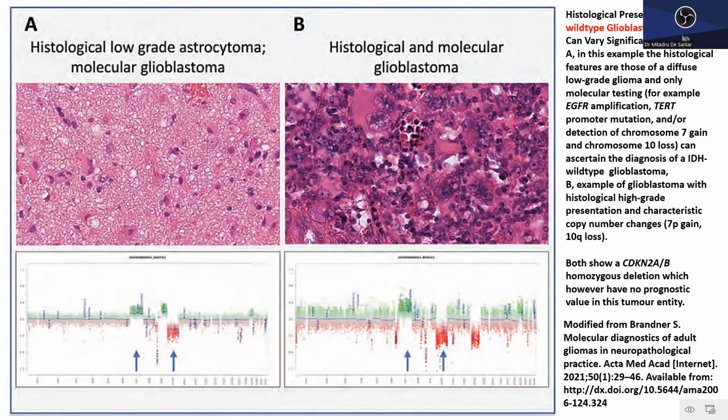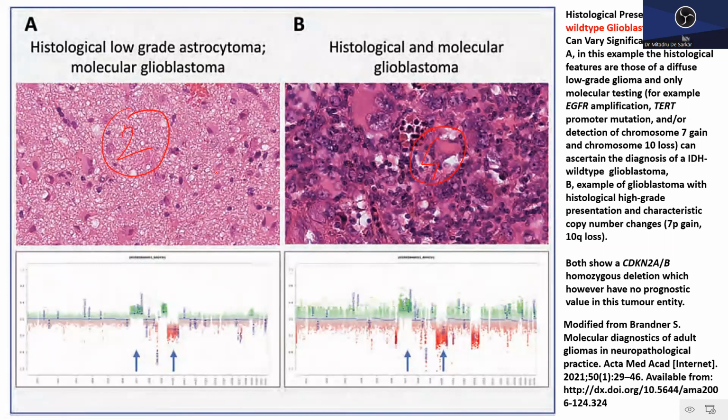So the first case, both the cases are actually IDH wild type glioblastomas. However, the first one gives you the impression of a grade 2 tumor. The one which is after this has basically got a histomorphologically grade 4 kind of appearance.